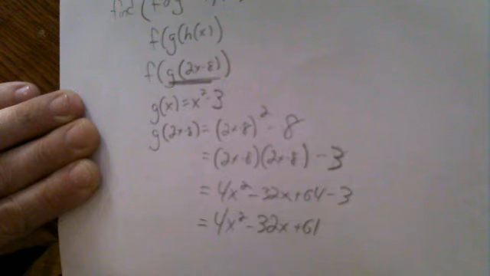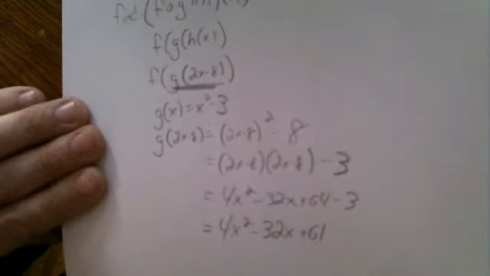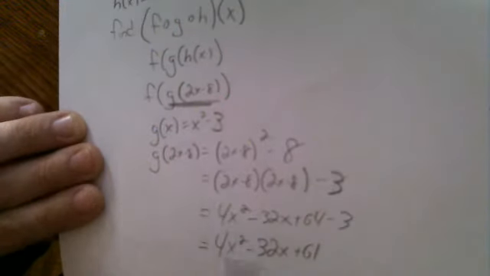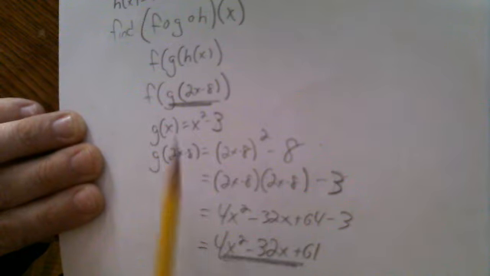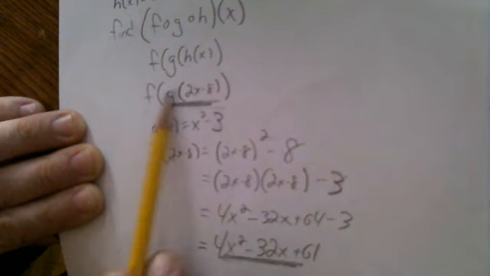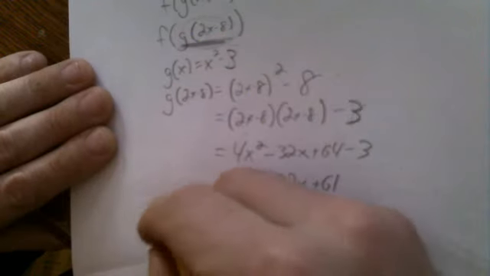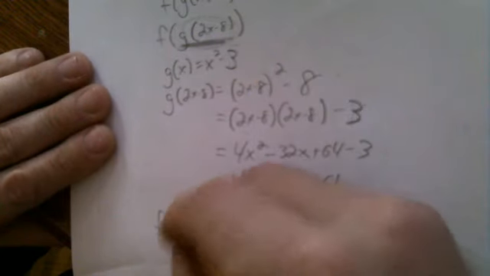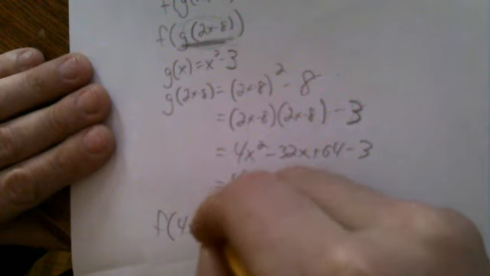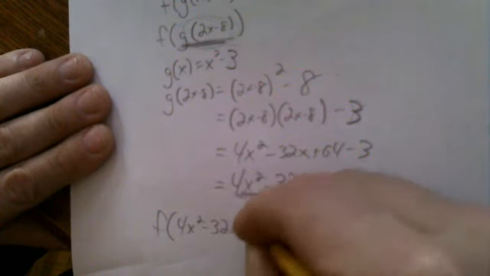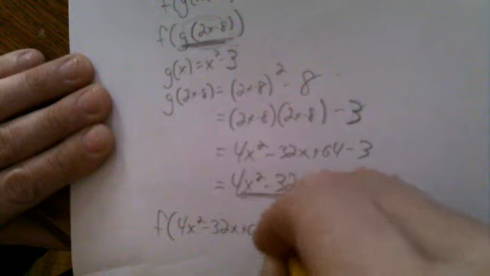So we want to find f of that. So I am substituting this for that, because this is what g of 2x minus 8 equals. I'm going to substitute it for that term there. So we want f of 4x squared minus 32x plus 61.